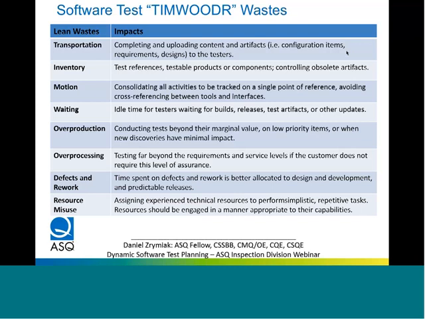So as you can see, one example is motion. Now, in a factory, it's a physical activity, and you want to make sure that the person has their steps counted or their hand motions. Testing doesn't really work in that way, but one thing that could be done is making sure that you have as close to a single point of reference as possible.